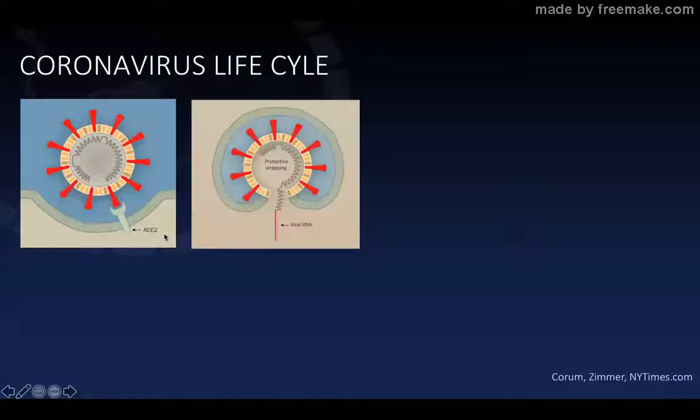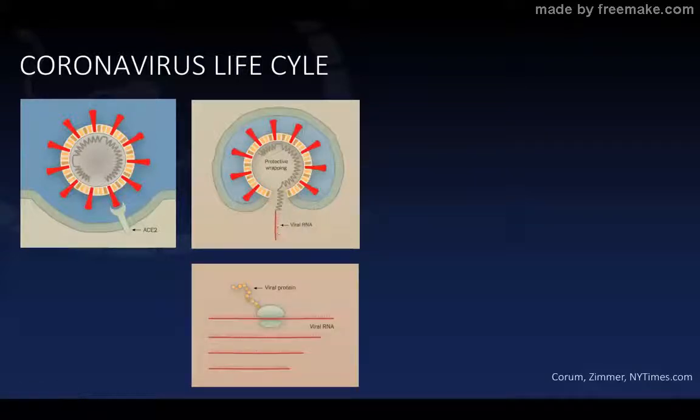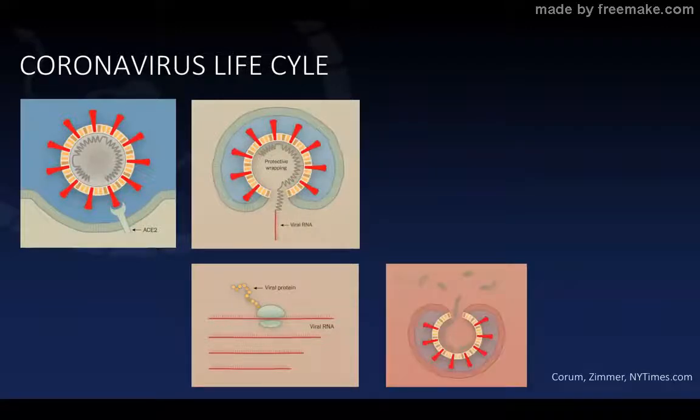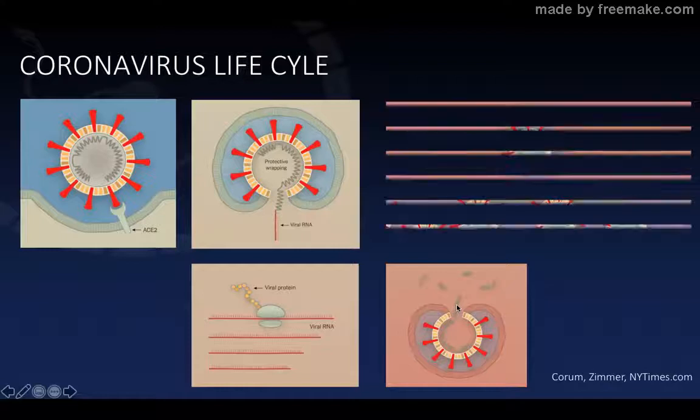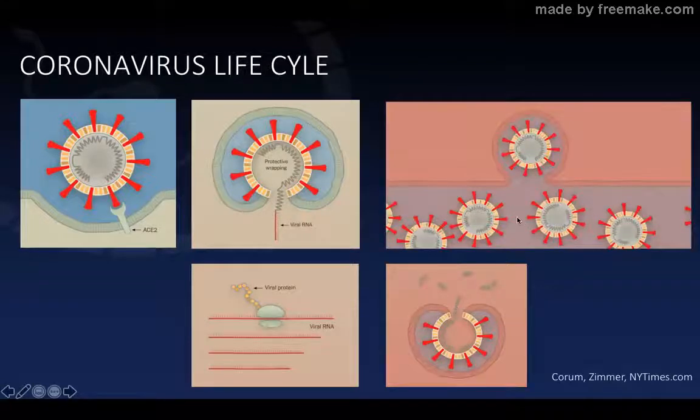It binds to the receptor and is taken into the cell, where its RNA is released into the cell cytoplasm and hijacks the cell's mechanism for making proteins and assembly, such that new viruses are produced and released from the cell. This is a very abbreviated version of its life cycle.